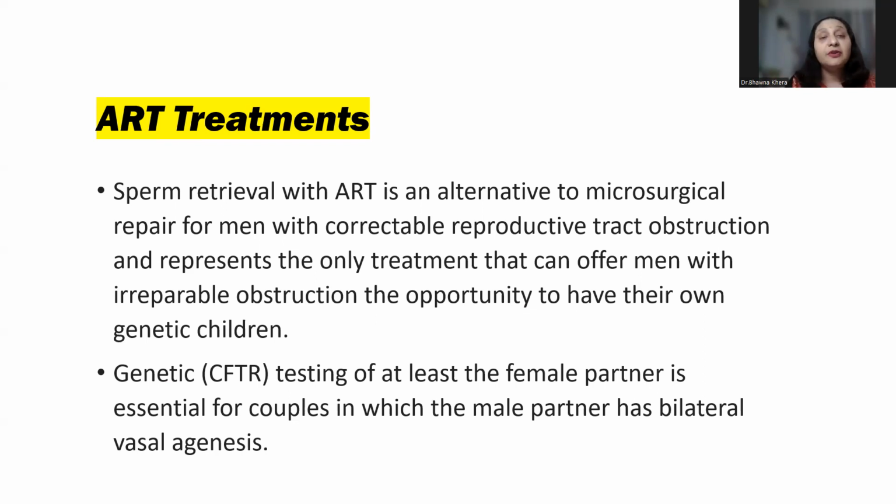And cystic fibrosis is an autosomal recessive disease. Autosomal recessive disorder means the defective genes should come from both the partners. Then offspring will have that disease. So therefore, the female partner should also be tested for the CFTR gene.